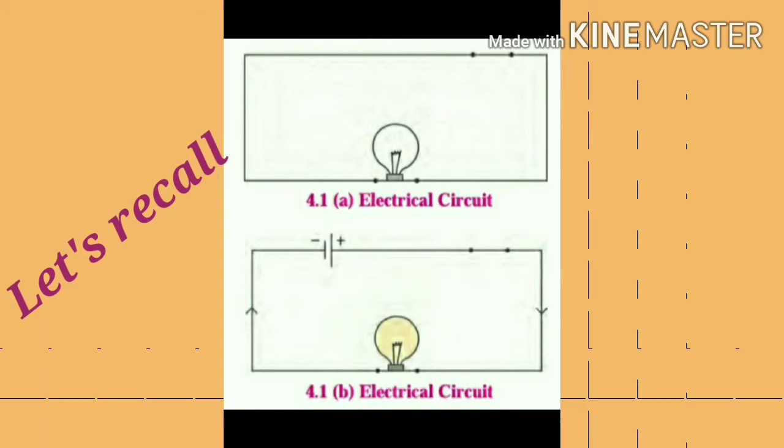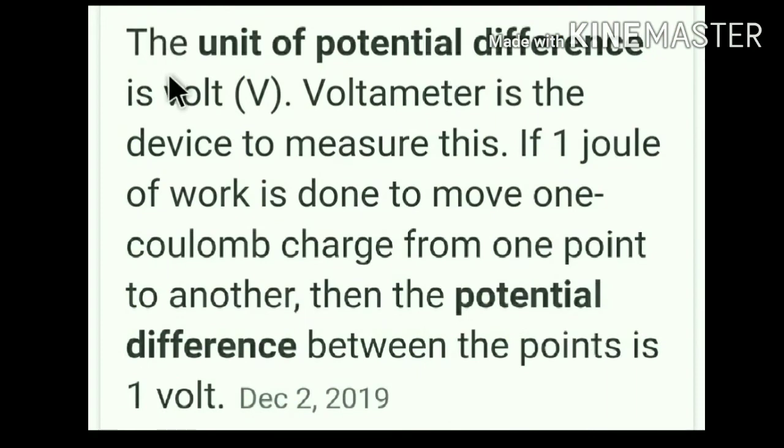When electrons are moved from one end to the other, some work is done, and that amount of work done is called the potential difference, denoted by the volt. The voltmeter is the device to measure this.